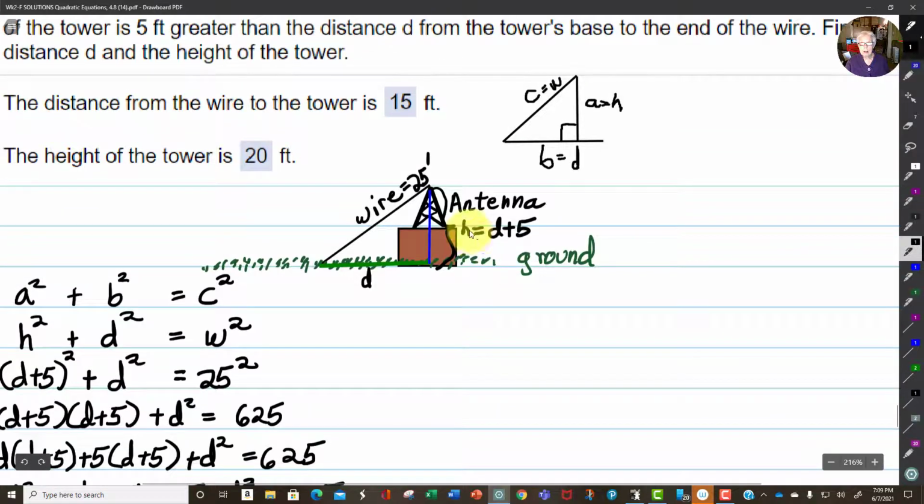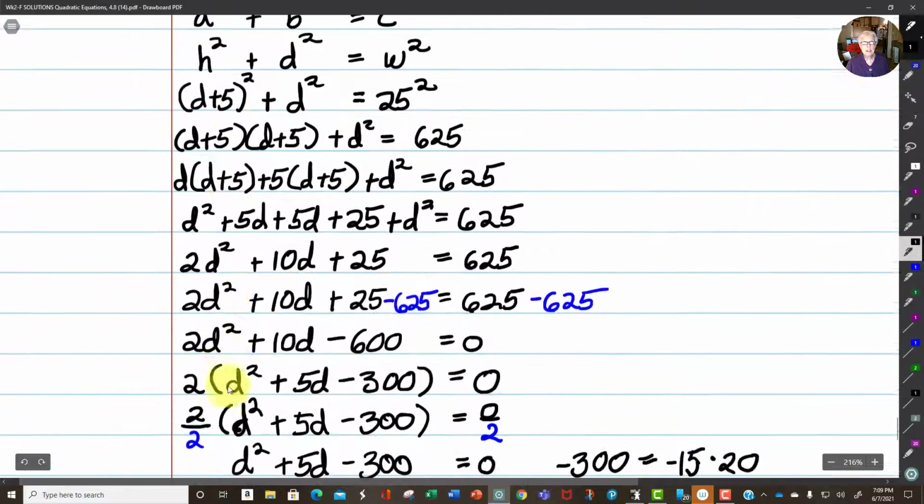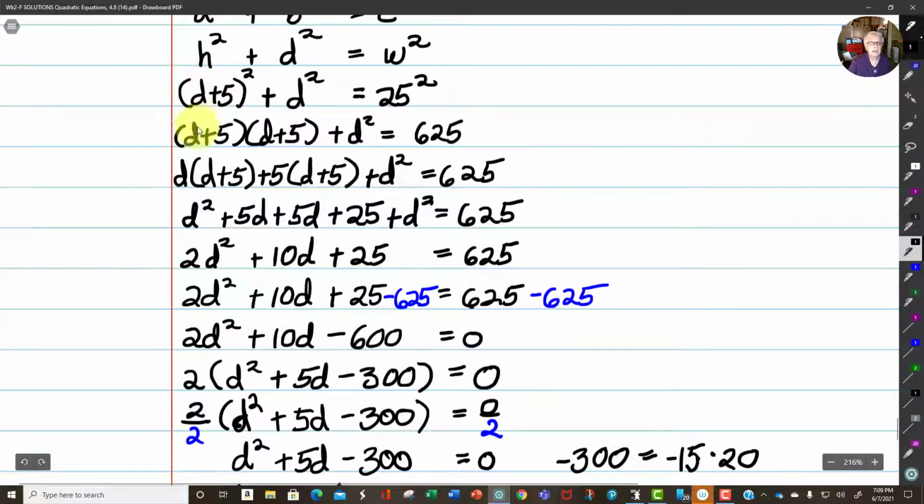So these are our dimensions. The height is d plus 5. The distance from the base of the antenna out to where the wire ends on the ground is d, and the wire is 25. So, since h is d plus 5, I've got (d plus 5) squared plus d squared equals 25 squared.